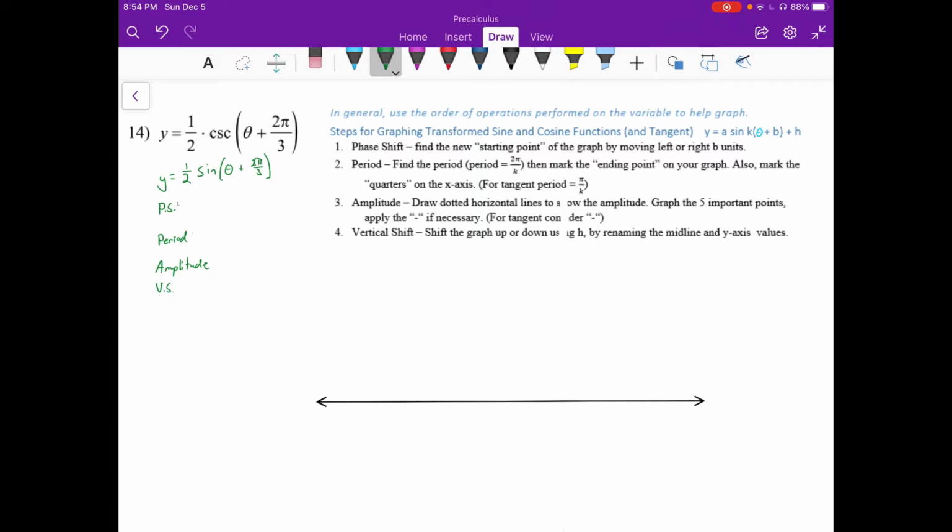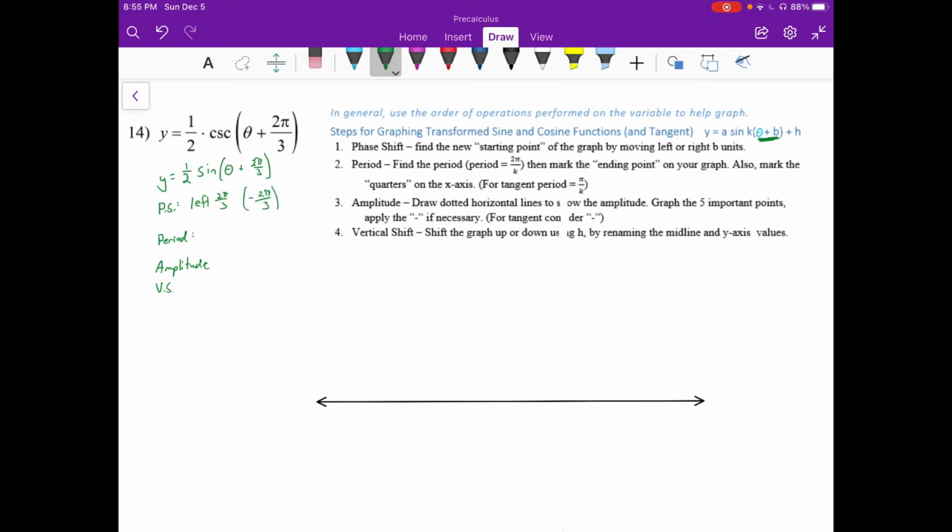So the phase shift is what is added to theta. Here 2 pi over 3 is added to theta, and it's the opposite of that. So the phase shift is going to be left 2 pi over 3, which is going to bring us to negative 2 pi over 3.